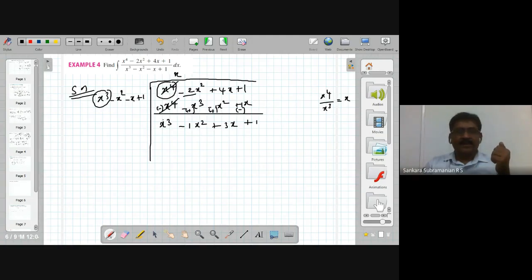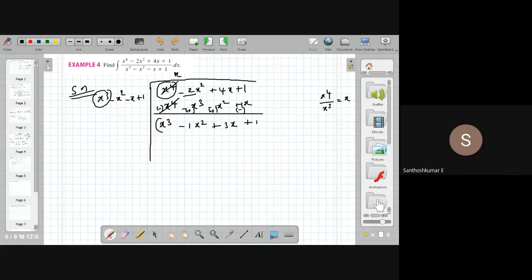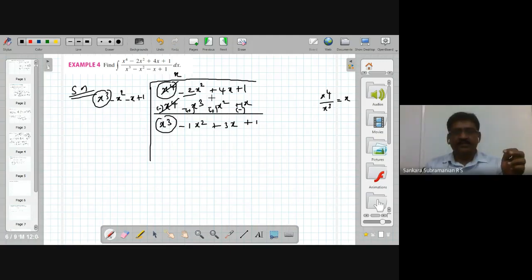Now again I can take the first term. You have x cube and you have x cube. So again division is possible. x cube by x cube you get 1, that 1 to be written here. So it is direct. x cube, minus x square, minus x plus 1.